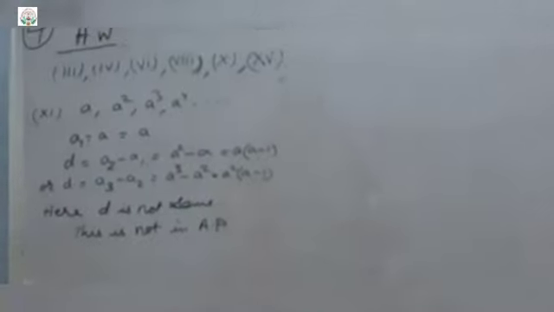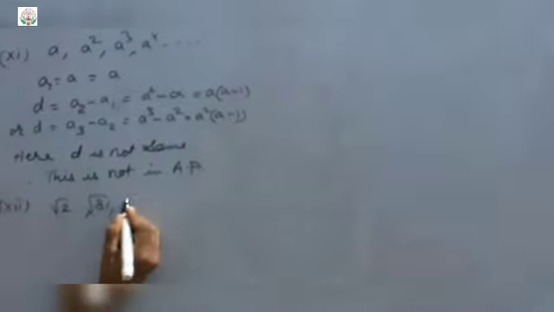Now we can see that 12th question. 12th question is, root 2 comma root 8 comma root 18 comma then root 32 comma dot dot dot. Okay, so here we can see a1, that is a equals to what?